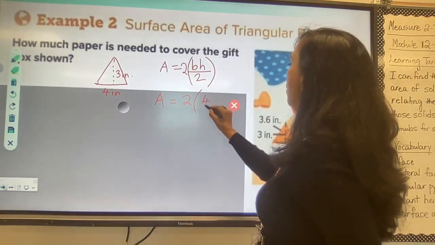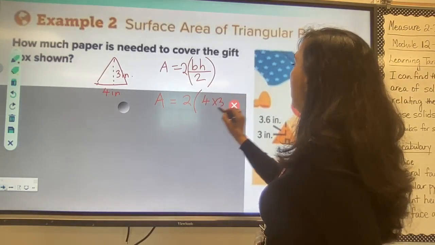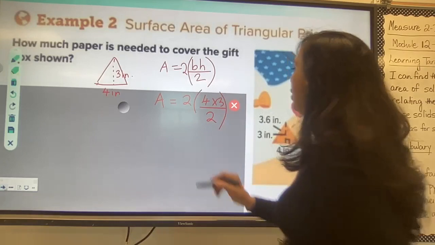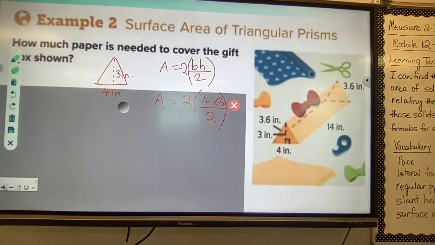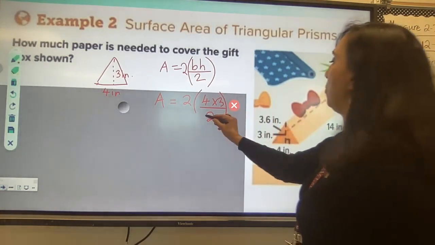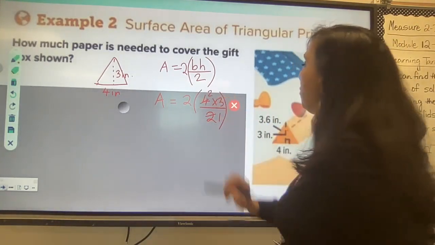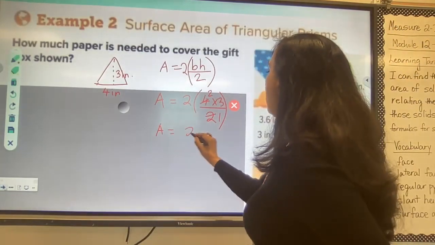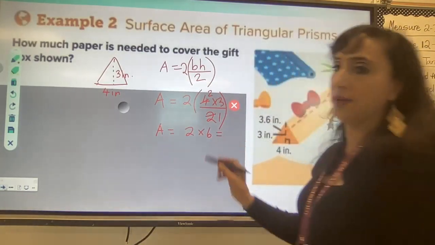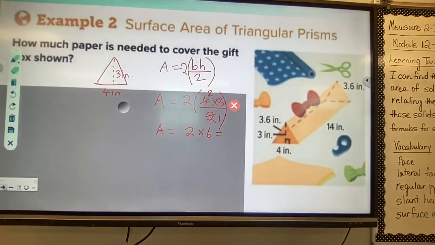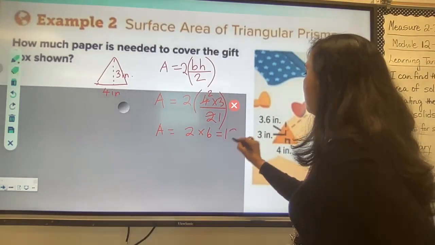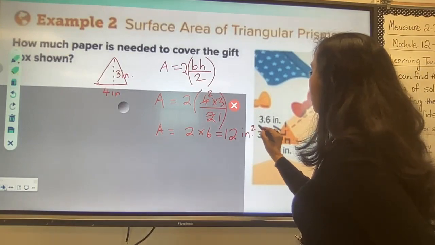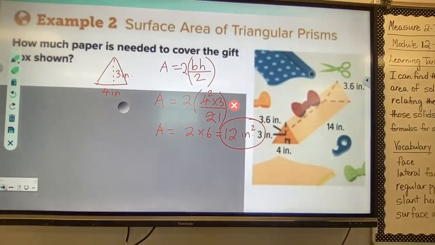We have 4 times 3, which is the height, divided by 2. And so all I can do is simplify. 2 times 3 is 6, and 2 times 6 gives me how much? I get 12 square inches. 12 square inches would be the area of the bases.